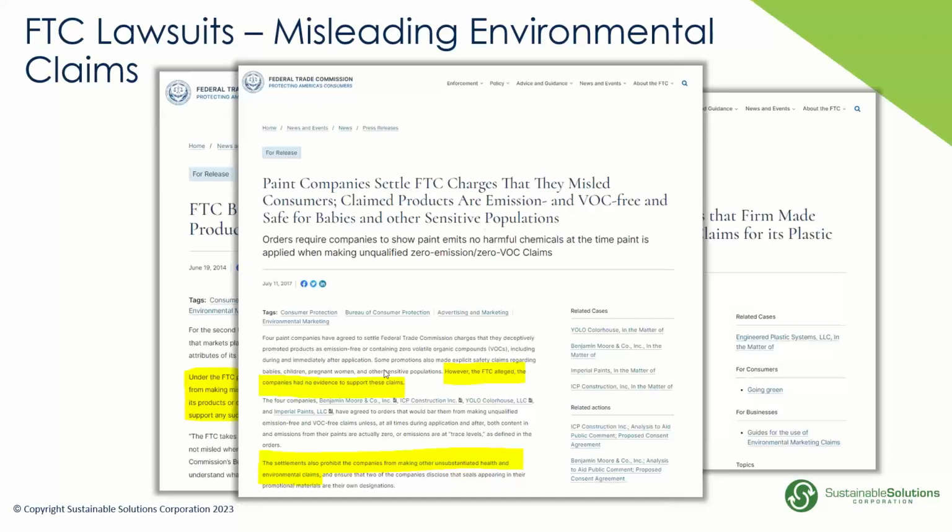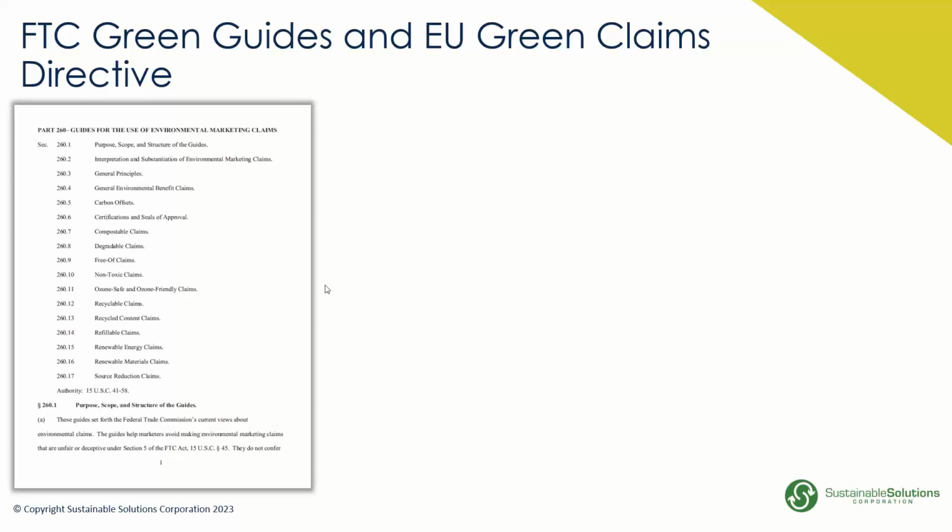The other thing we have seen is that with these lawsuits that are coming out from the Federal Trade Commission, a lot of times companies are just unknowingly making a claim and they're getting dinged for it. And these can be fines of millions of dollars. So really important to pay attention to that. We do know that, like I said, the Green Guides were issued back in 2012.